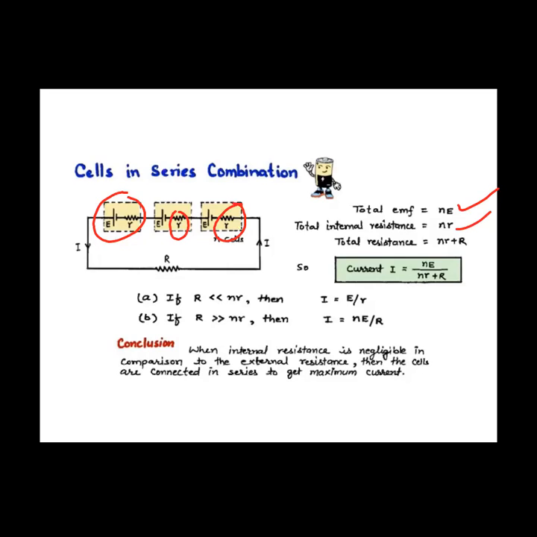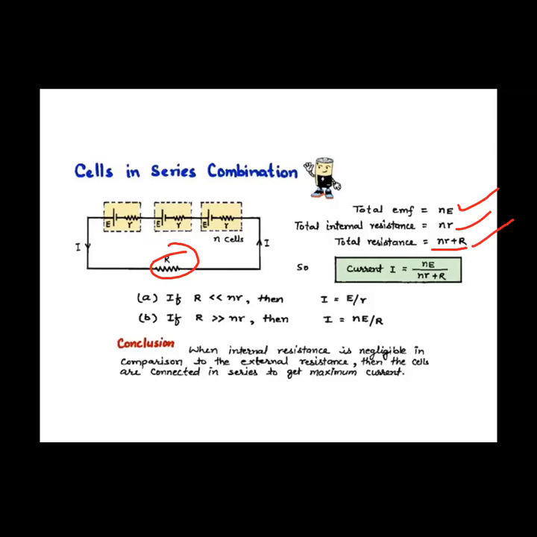Now let's talk about the total resistance. Total resistance is the total internal resistance and the external resistance which is connected in the circuit. This is the external resistance R which we have connected. So the total resistance will be the total internal resistance, nr, plus capital R. Why plus? Because capital R is also in series. So we have added them.